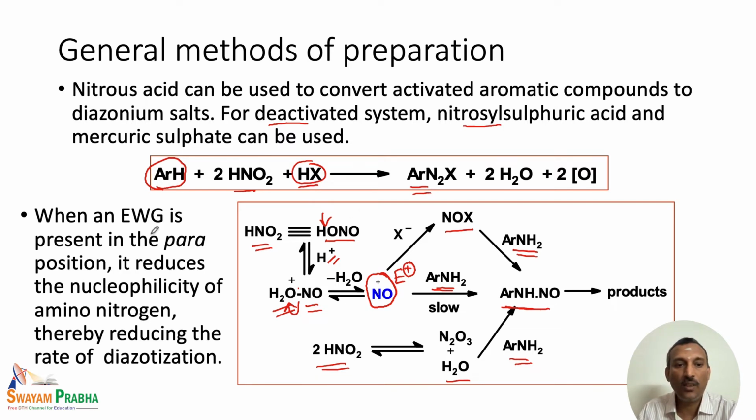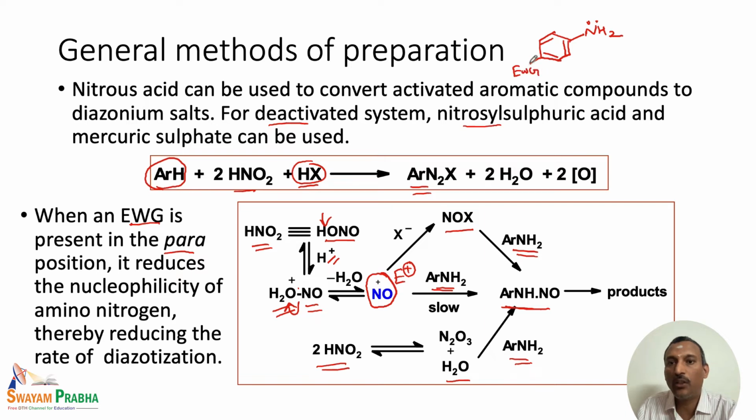When an electron withdrawing group is present, especially in the para position, that reduces the nucleophilicity of the amino nitrogen. So if you look at the aromatic system, there is a lone pair on nitrogen, but we have an electron withdrawing group.